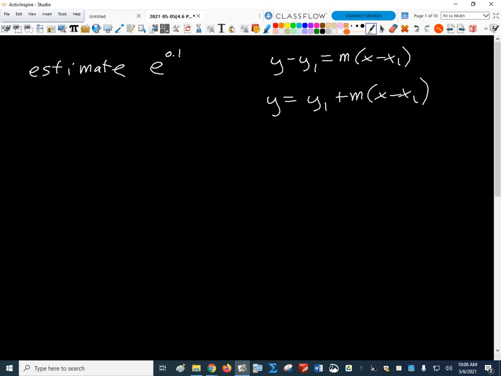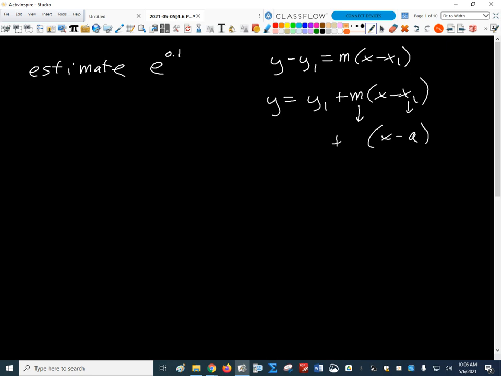But we didn't call it x1 and y1 and m. We gave them some different names, right? What do we call the convenient value close to our input? We called that a, didn't we, right? So we're going to replace the x sub 1 with an a. And what gives us the slope of the tangent to the curve?